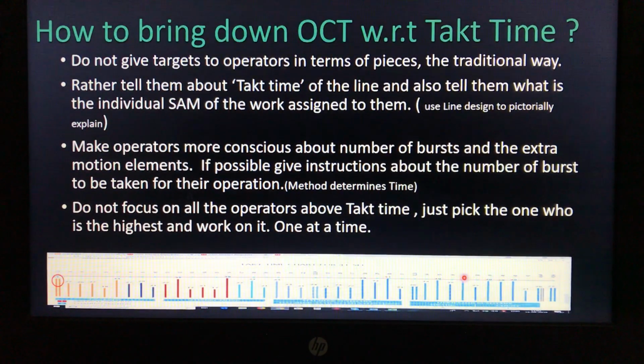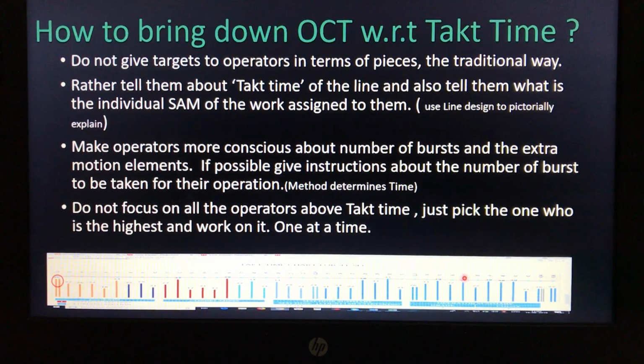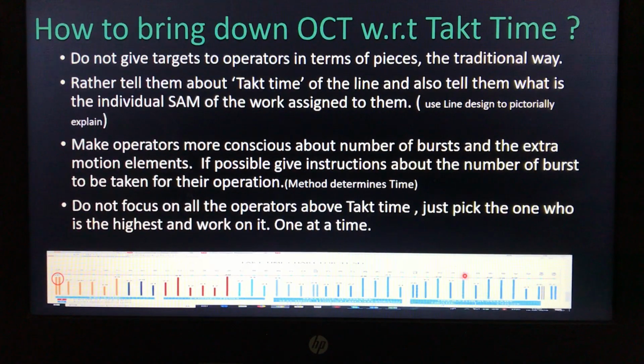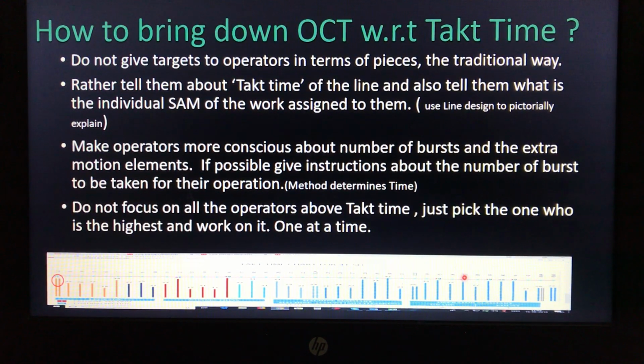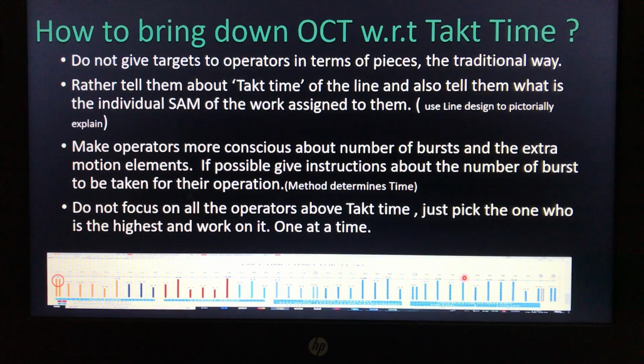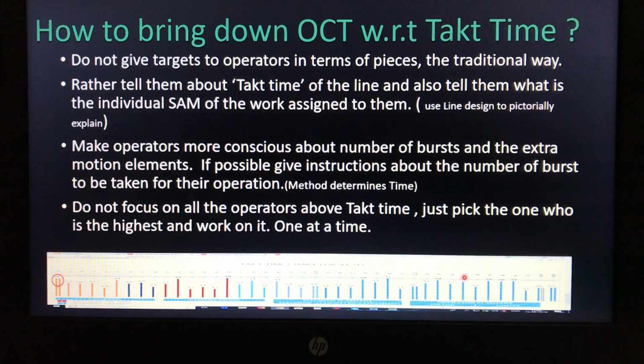How to bring down OCT with respect to takt time. In the earlier slide I was telling that when you take an OCT and compare with LD, SAM, every operator would be above takt time, or everybody would be above their own SAM. So how do we overcome that?